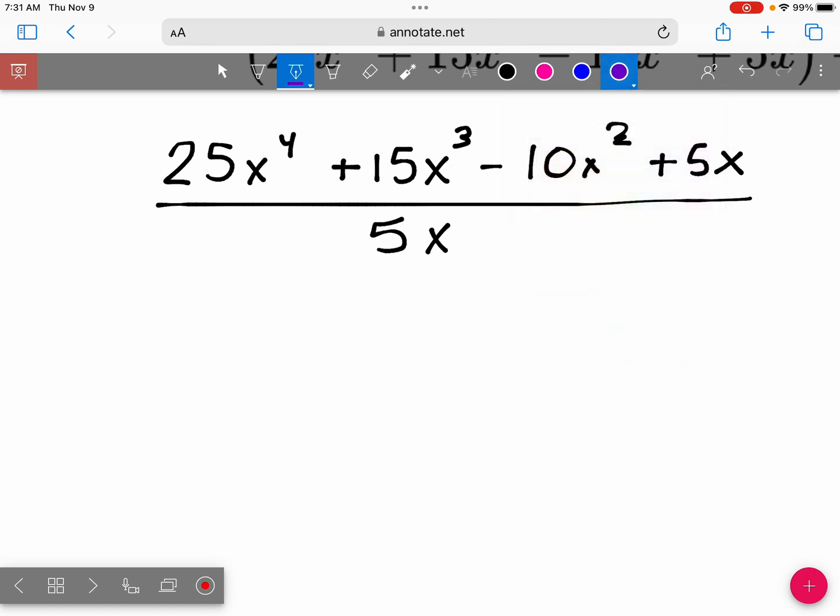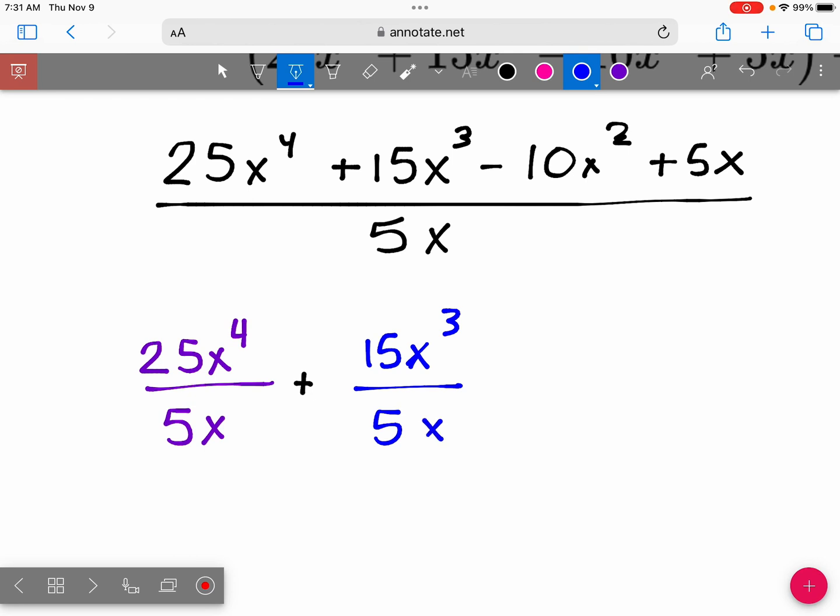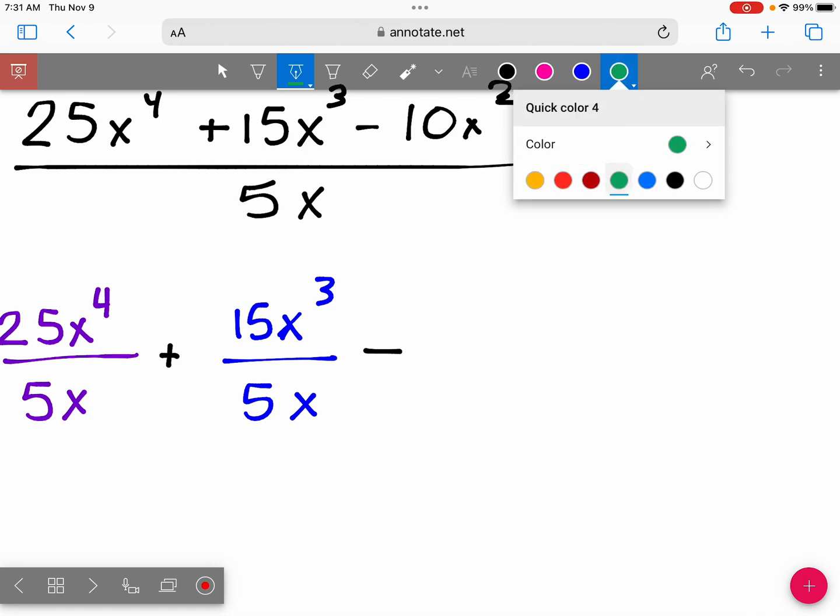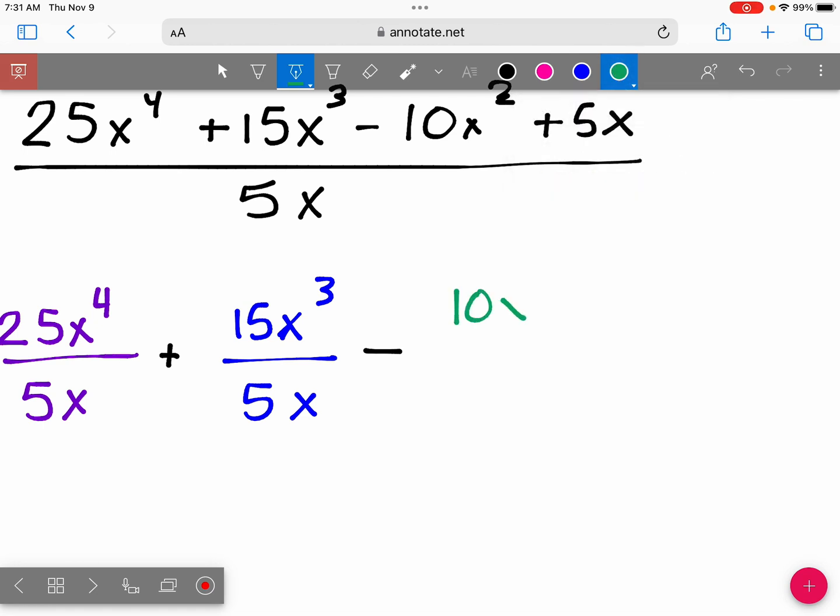We're going to have our 25x to the 4th over 5x and 15x cubed over 5x minus 10x squared over 5x plus 5x over 5x.